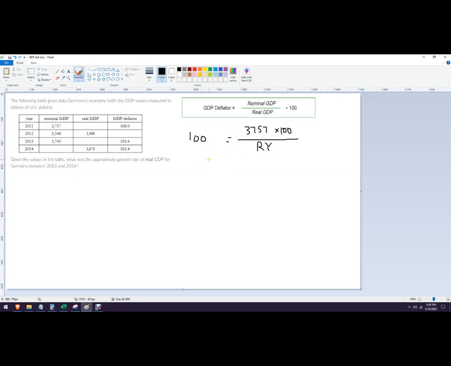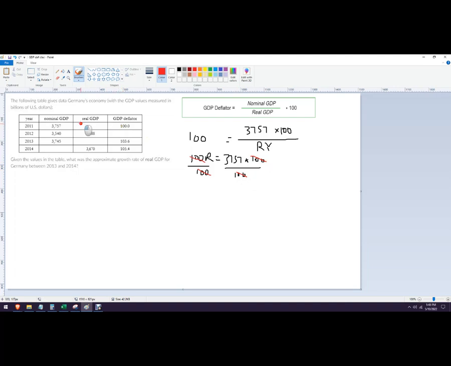Okay, so then I can rearrange stuff. I've got 100 RY equals 3757 times 100, and then I left it that way because I'm dividing by 100 and dividing by 100. These guys will go away, and so real GDP is the same as nominal GDP in the base year of the deflator.